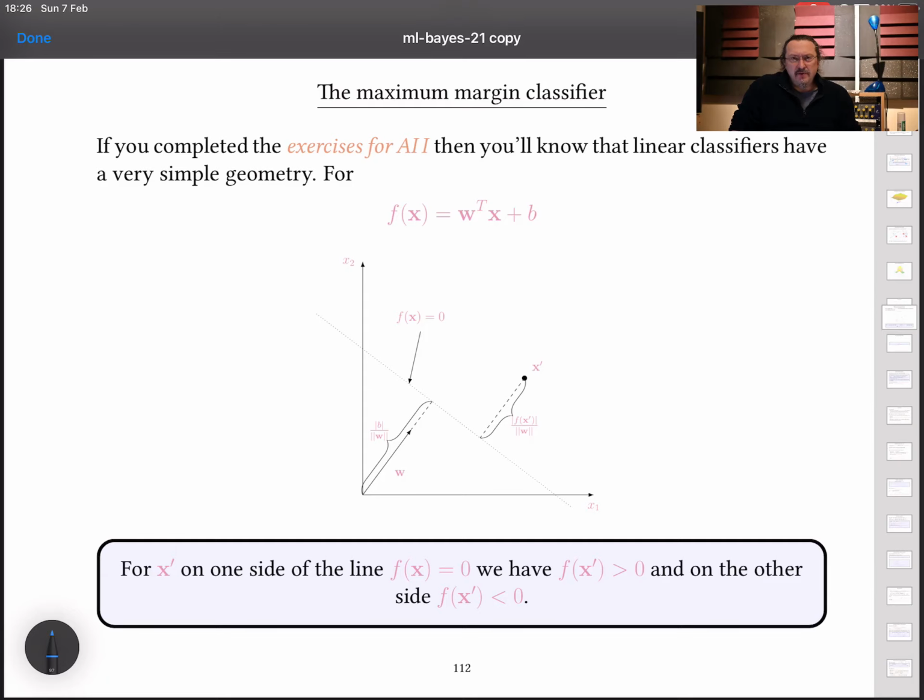As I summarized in the last lecture, if you plot the solution of f of x equals 0, you get the dotted line that's on this graph. Here we have the solution for f of x equals 0, and that is our decision boundary.